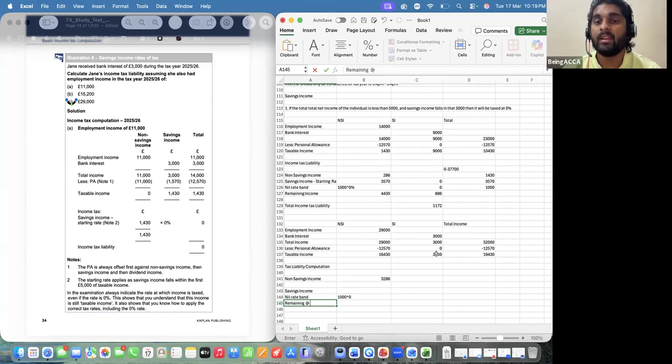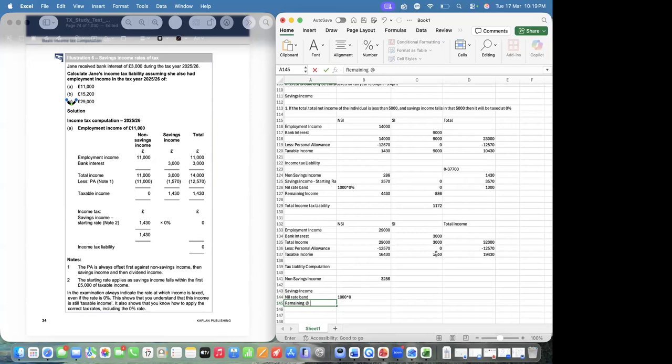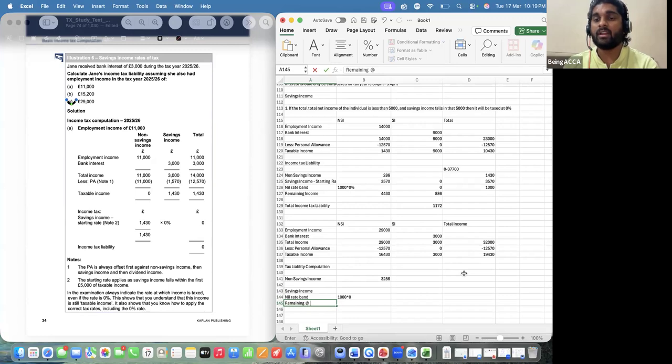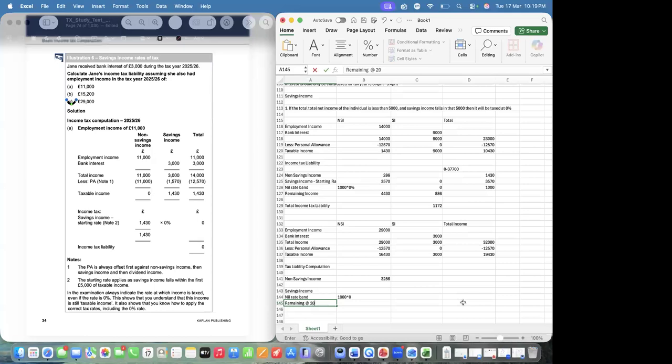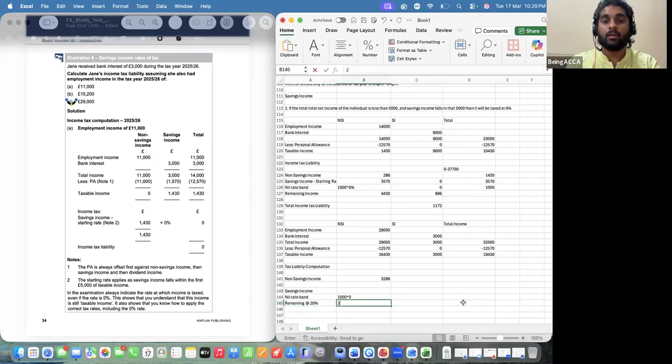2000. Correct? What rate should it be taxed at? 20%. Why? Because it is still falling under the threshold of 37,700, meaning at 20%, which means 2000 into 20%, equal to 400.